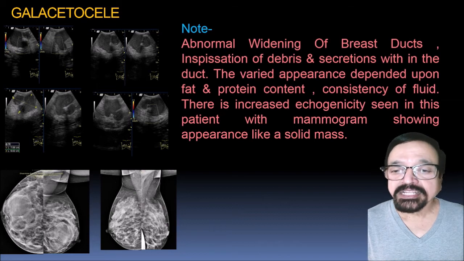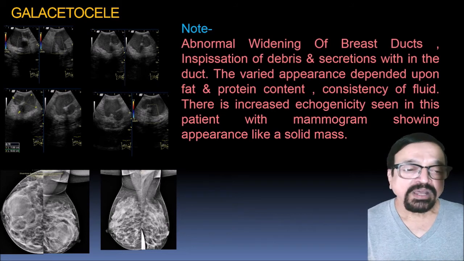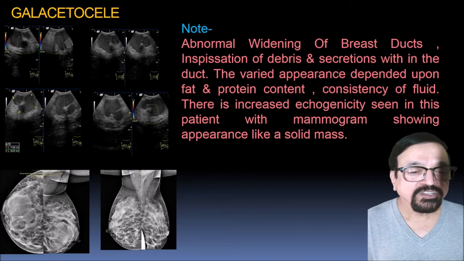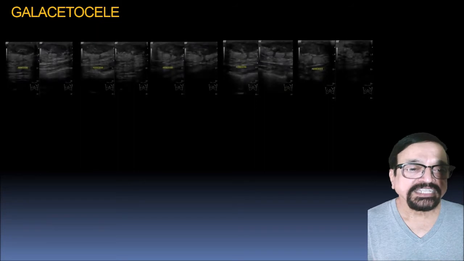The varied appearance depends upon fat and protein content. The consistency of fluid is increased, and the increased echogenicity indicates increased vascularity. Now on mammography it appears as a solid mass, and that is the main worry for us. So top-up sonography gives the answer and an important clue, and it totally changes the management.